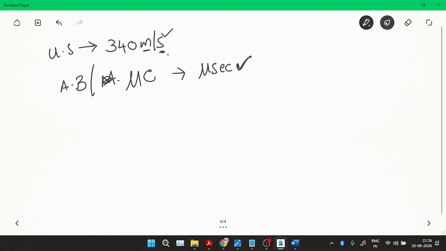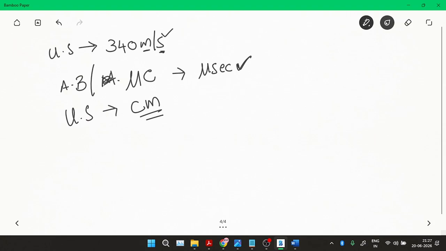So we have to convert seconds into microseconds. Also, the ultrasonic sensor calculates only small distances, like the distance from your desktop table to the wall of the room, maximum in centimeters. It won't be in meters or kilometers. So we have to convert meters into centimeters also.